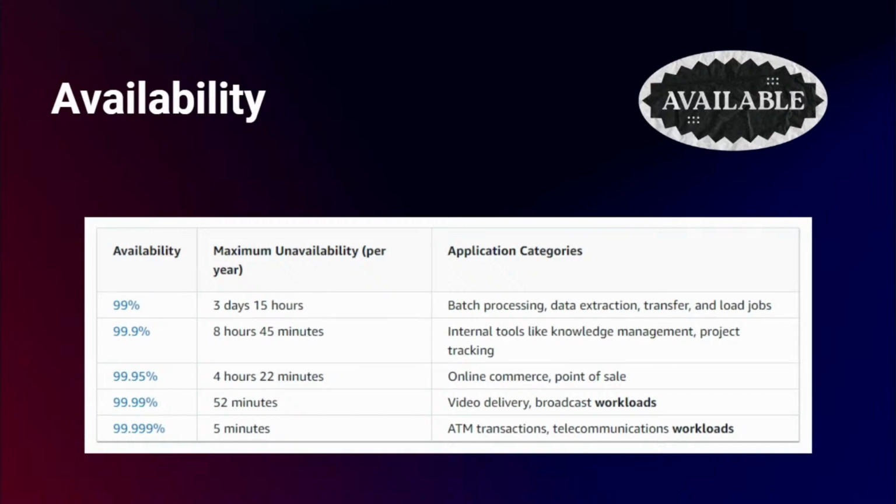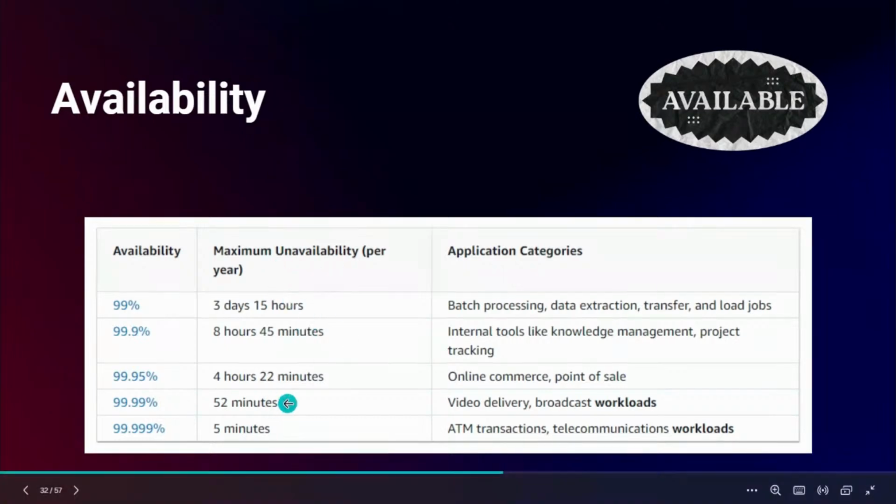And when you compare availability based on percentage, if it is 99%, then the maximum unavailability, which means the time they are not available per year, is 3 days and 15 hours. If it is 99.9%, then 8 hours and 45 minutes are lost in a year, which means in this period you cannot access it.